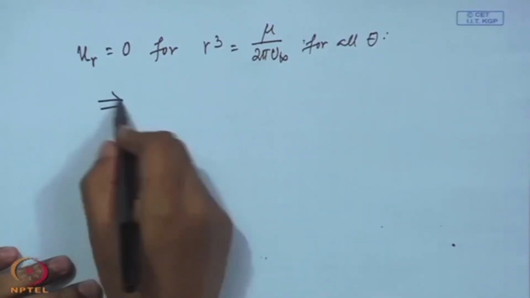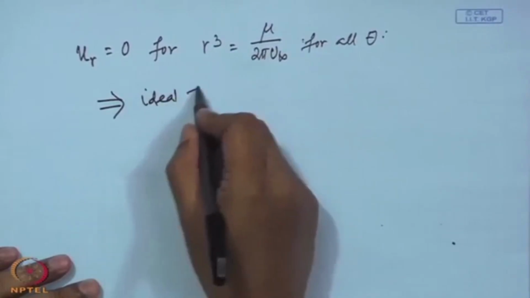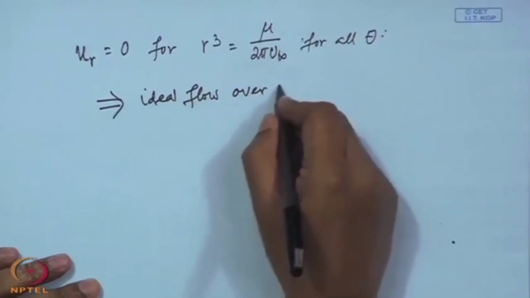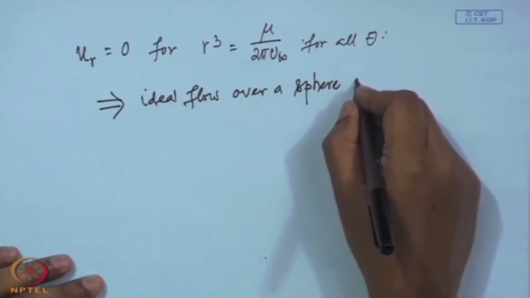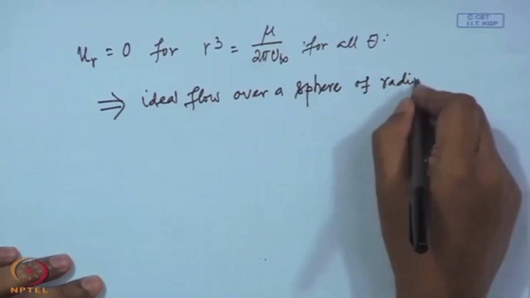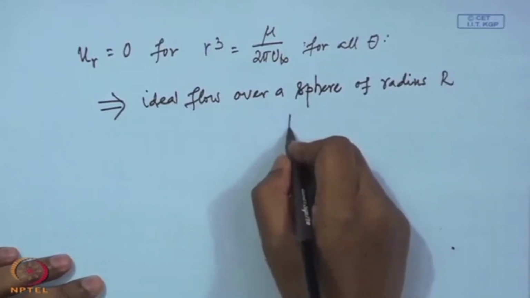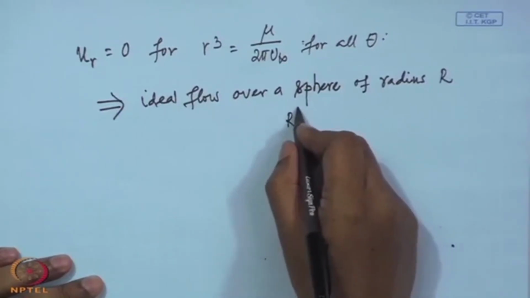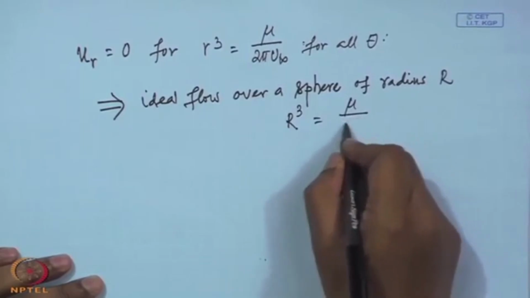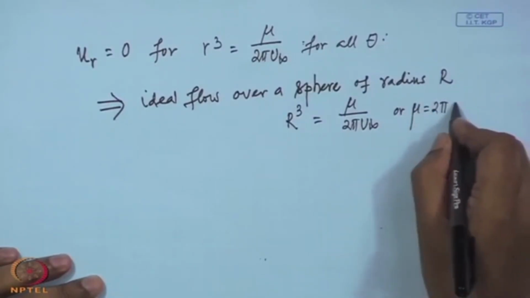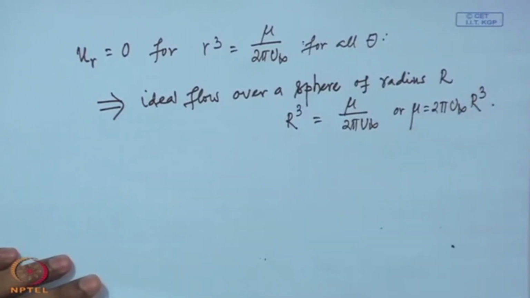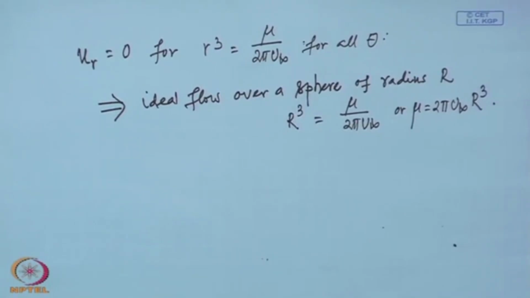So, we get here again. Once again, what will be the velocity on the surface of the sphere?